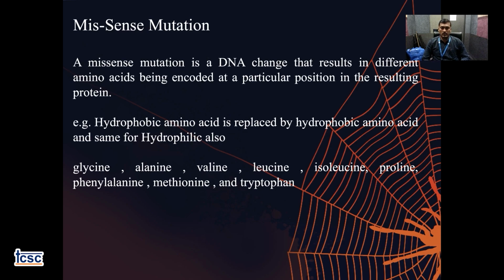Hydrophobic amino acids are water-hating amino acids, and hydrophilic means water-loving amino acids. Some examples of hydrophobic ones are glycine, alanine, valine, leucine, isoleucine, proline, phenylalanine, methionine, and tryptophan. If a hydrophobic amino acid is replaced by a hydrophobic amino acid after mutation, you can say it is a missense mutation. A hydrophilic amino acid replaced by a hydrophilic amino acid is also called missense mutation.